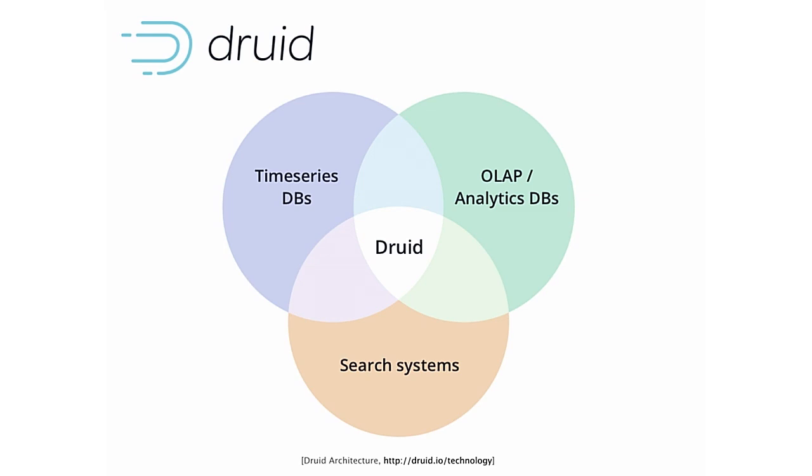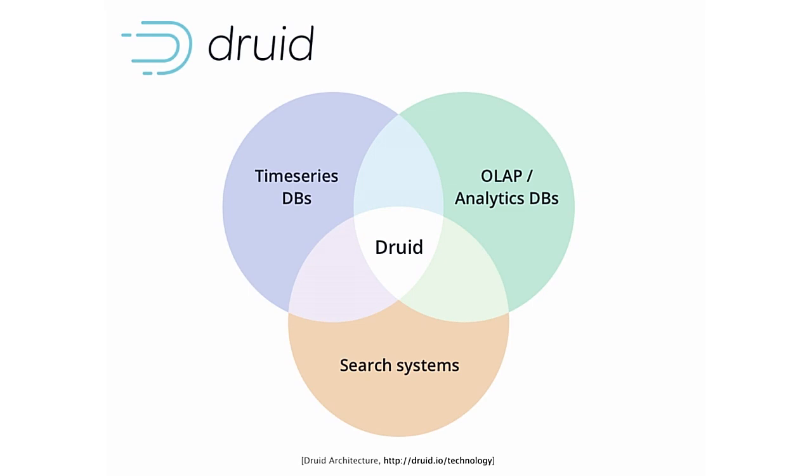Druid is an open source distributed data store. Druid's core design combines ideas from OLAP or analytic databases, time series databases, and search systems to create a unified system for operational analytics.